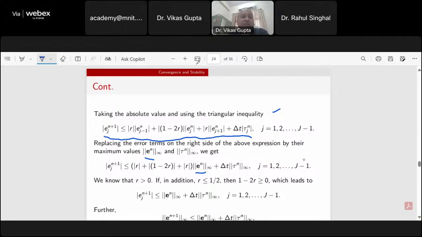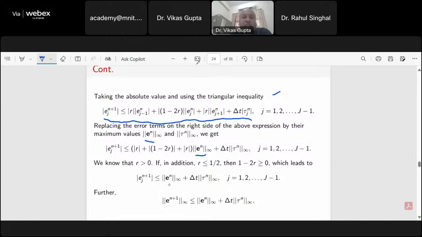We know that r is positive, and if in addition r is less than or equal to 1 by 2, then 1 minus 2r is greater than or equal to 0. So mod of e_j^(n+1) will be less than or equal to norm e^n infinity plus delta t norm of tau^n infinity.